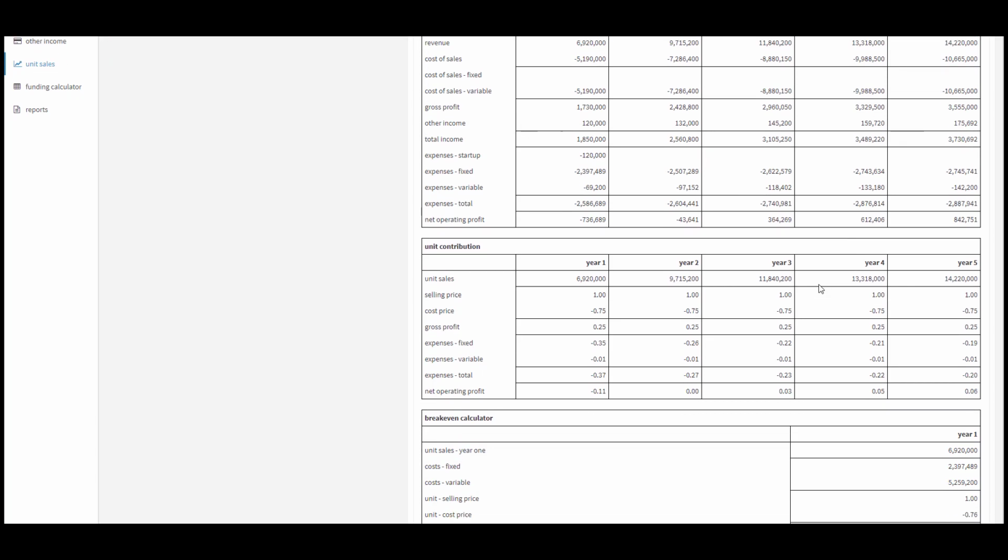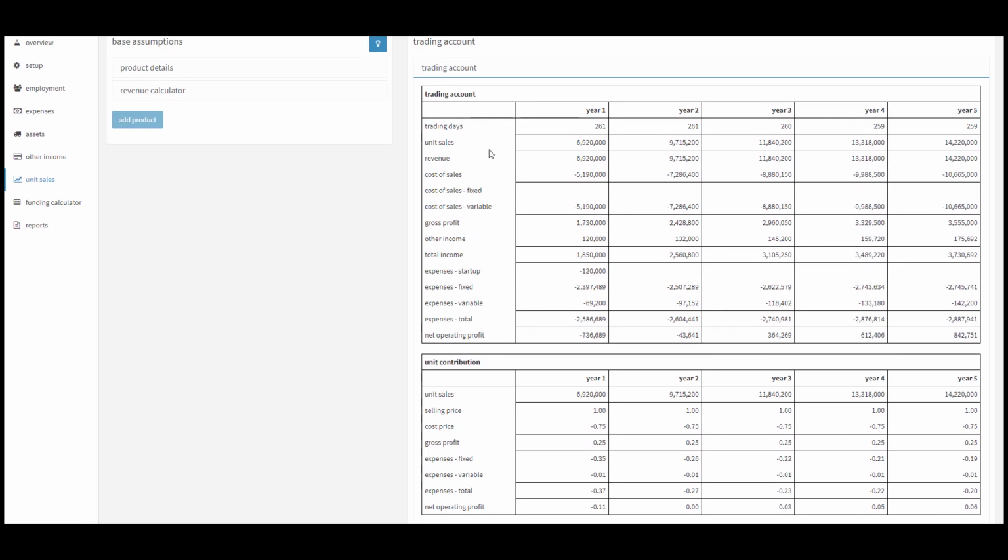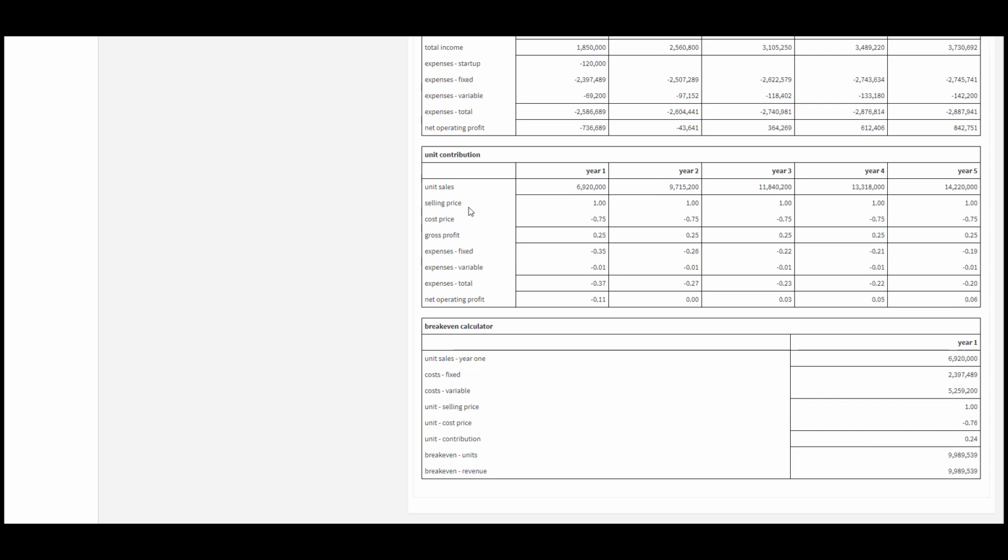Now this is evident in this unit contribution calculator that we've developed, where you can break down the contribution from the key elements in your trading account into this contribution. So you can see our selling price is 1, cost price is 0.75, so your contribution is 0.25.